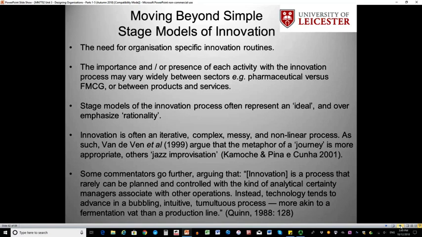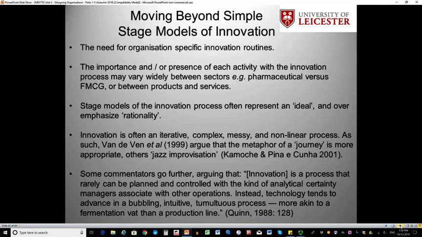And in particular, as I've alluded to, and as you'll see when you come to the seminar after the one next, the NPD process starts to break down when we start to look at services, where it's much more ad hoc and perhaps required to be much more ad hoc.